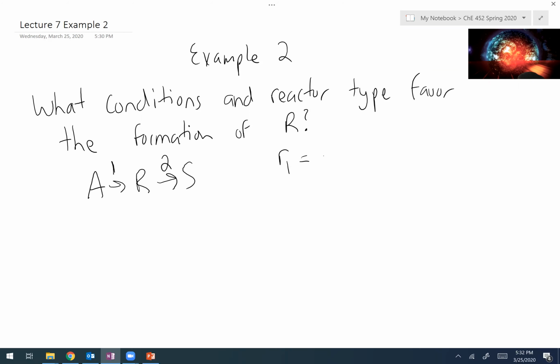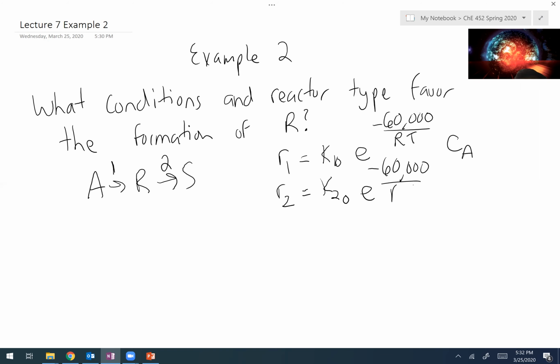Looking at the reaction expressions, we see r1 equals k1 naught e to the negative 6,000 over RT times CA, and r2 equals k2 naught e to the negative 6,000 over RT times CR squared.